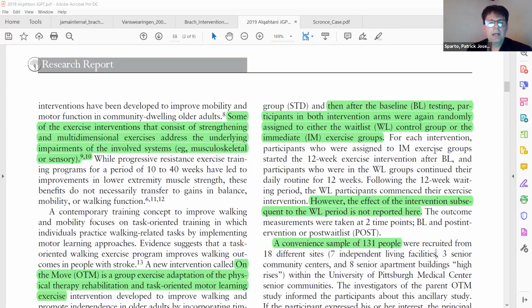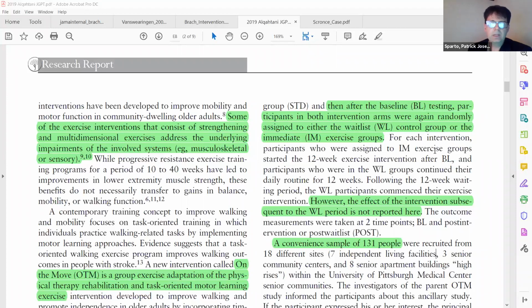And then later, in particular with this study, they looked at restoring the actual mobility. So this study really came from a subset of participants who were enrolled in this larger On the Move study.